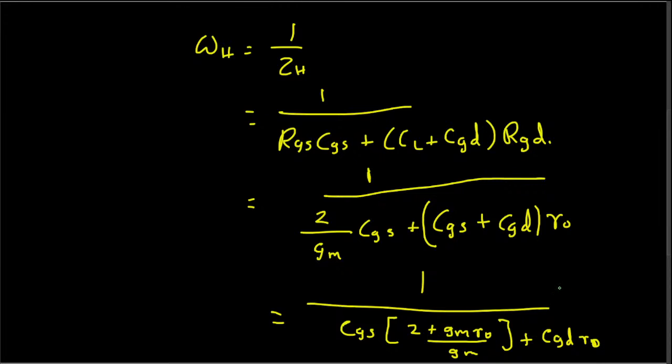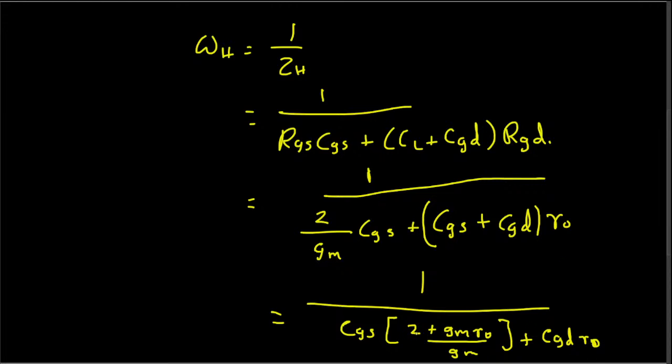Okay, and also we know that gmro is much larger than 1, so anything added with gmro we can eliminate.